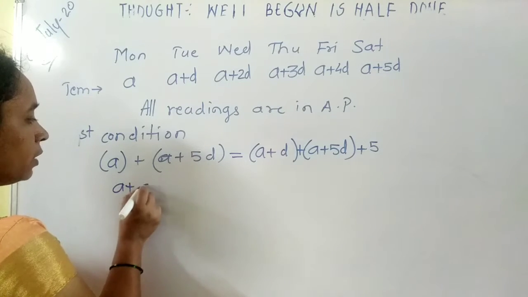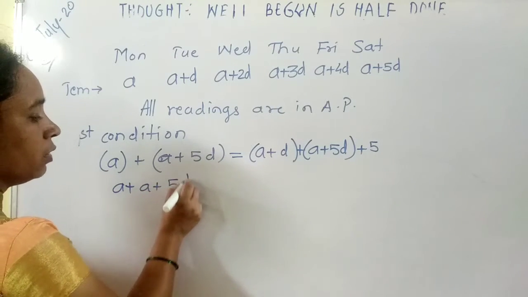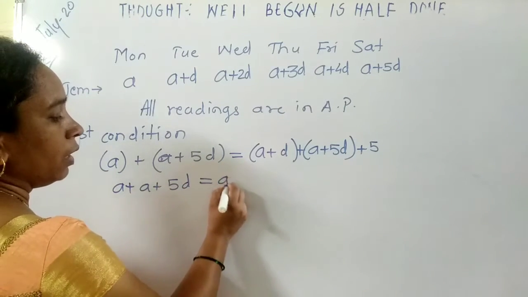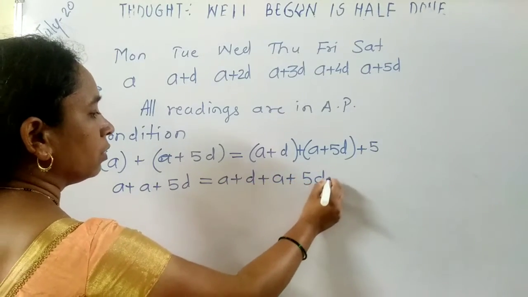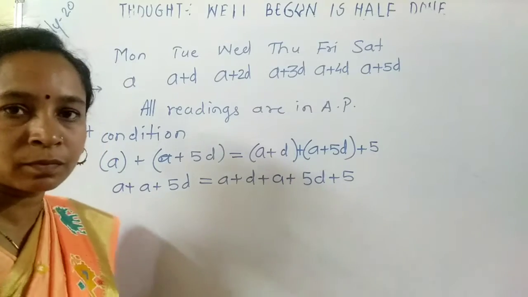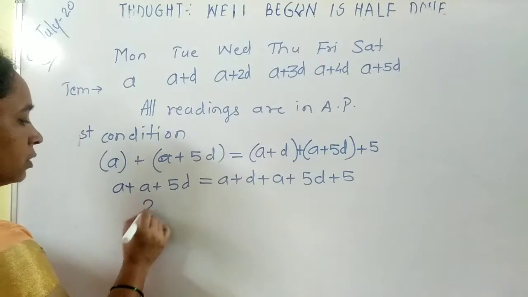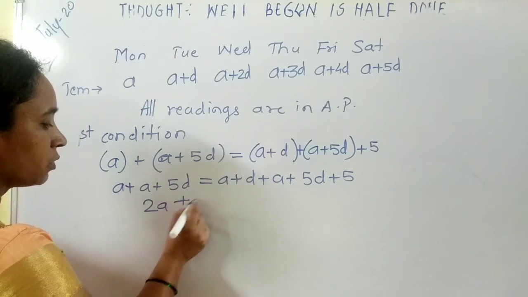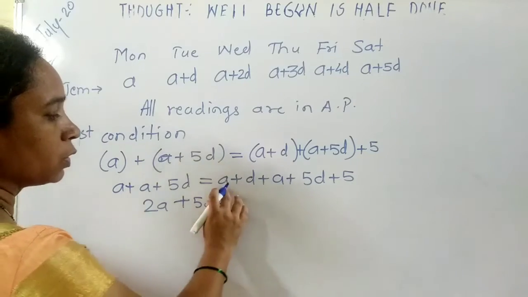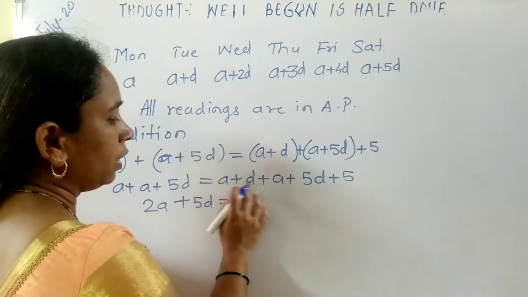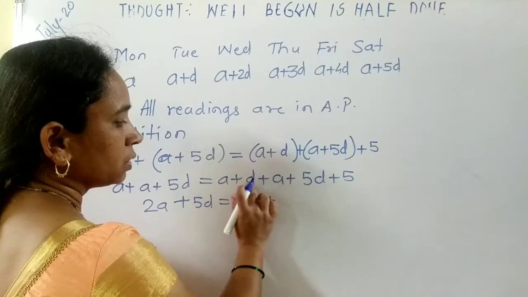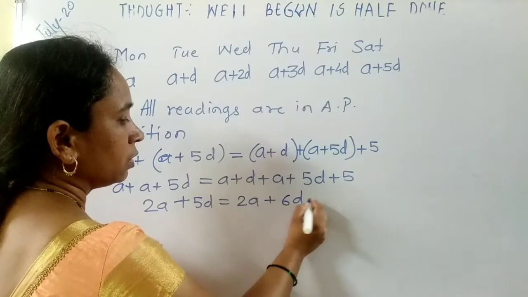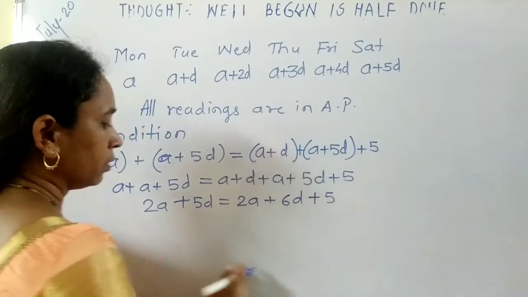If you open the bracket, A plus A plus 5D is equal to A plus D plus A plus 5D plus 5. Here it is 2A plus 5D is equal to, what is given here? It is 2A plus 6D plus 5.